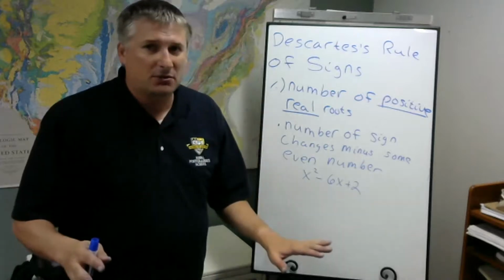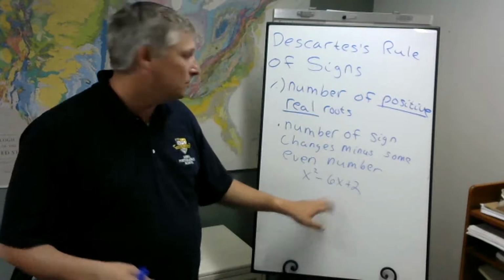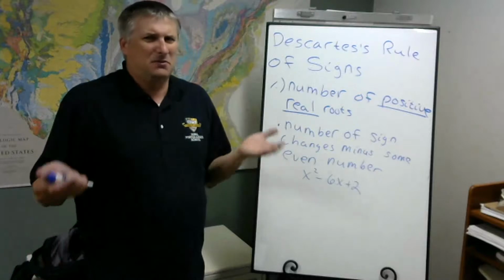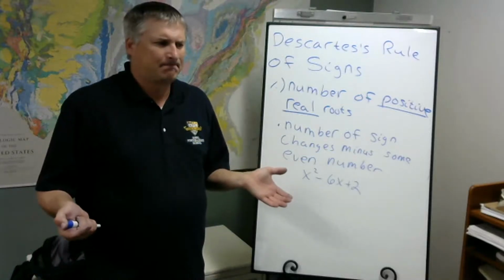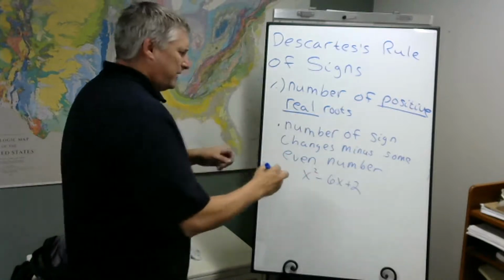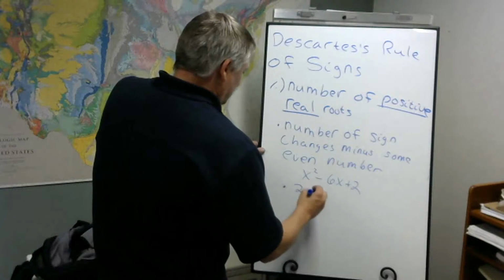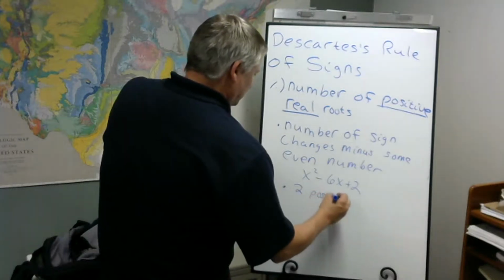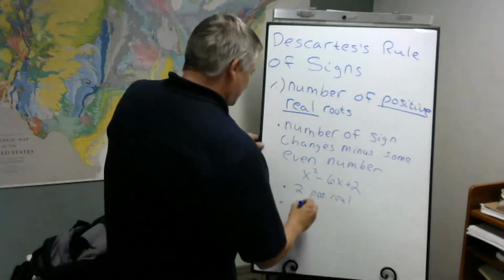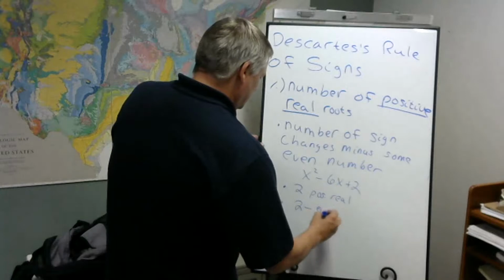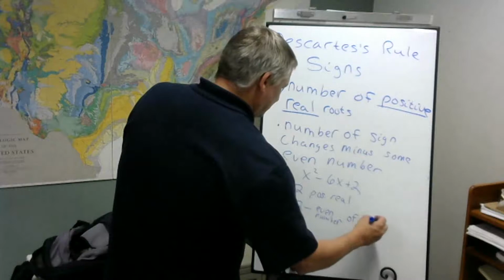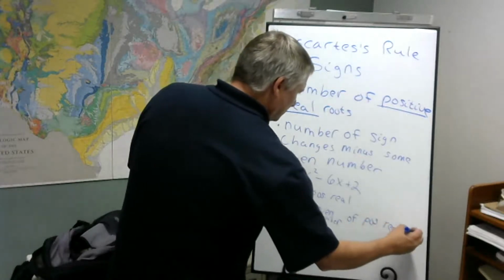You take the number of sign changes, which we found out to be, in this case, 2, and if you subtract some even number, that could also give you the number of positive real roots. So we could have, by the first rule, 2 positive real roots. But then by this new second rule, we can have 2 minus an even number of positive real roots.